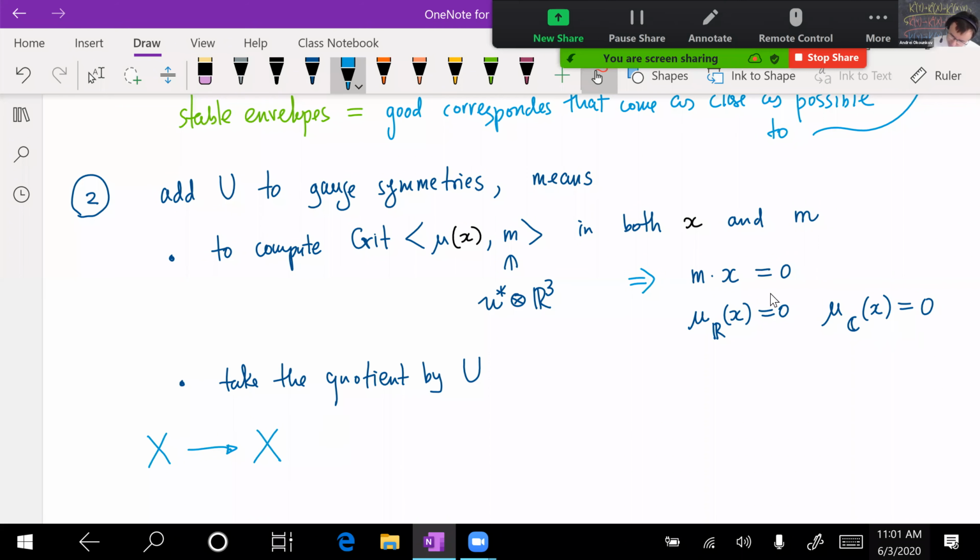Since you impose 3 times the dimension of U equations and divide by U, you take out 4 times the dimension of U, and so it already has 4 slashes. People call it hyperkähler reduction, or holomorphic symplectic reduction.